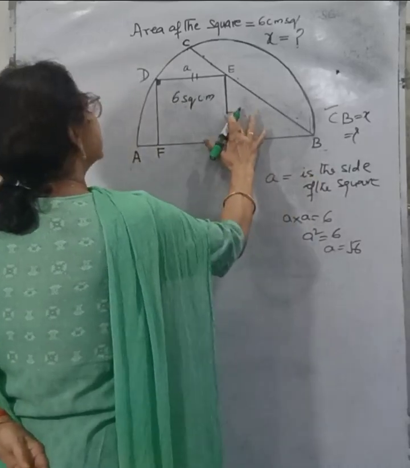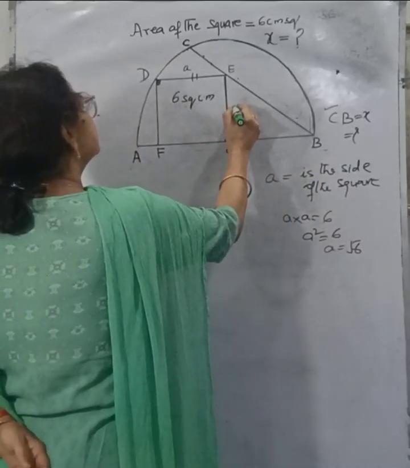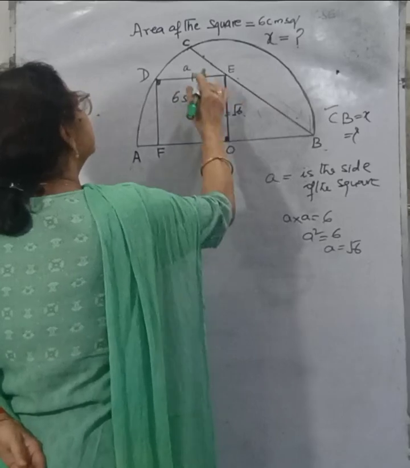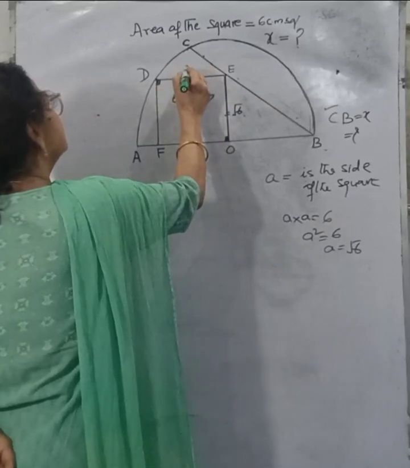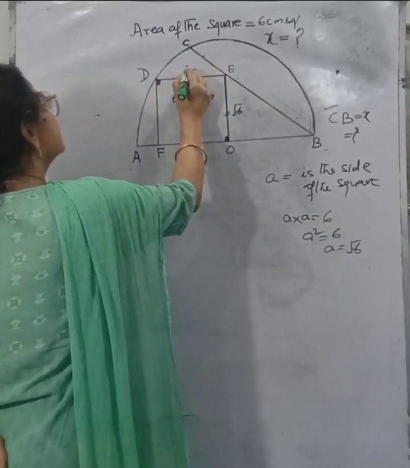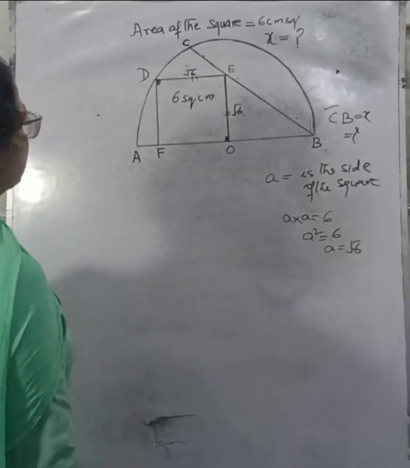So this side is root of 6, and this is as well equal to root of 6. Correct?